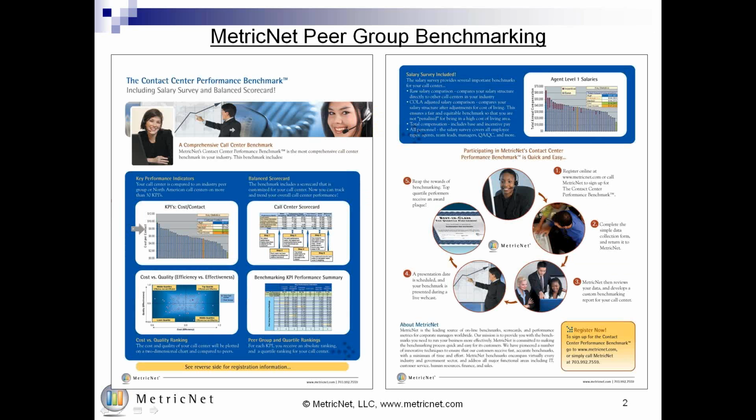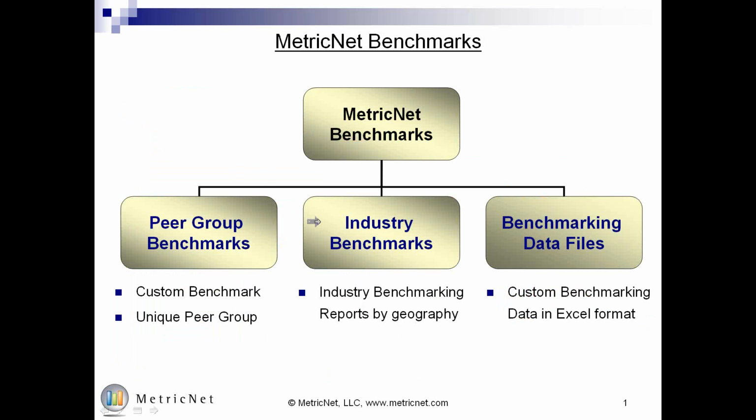These are our custom benchmarks, and they are very comprehensive in scope. The peer groups are selected from our benchmarking database based upon your call center's scope and scale, complexity, and geography. For example, it's common to select a peer group from your geography and vertical industry, and to also ensure that there is comparability in the number of contacts handled, since call centers are scale sensitive.